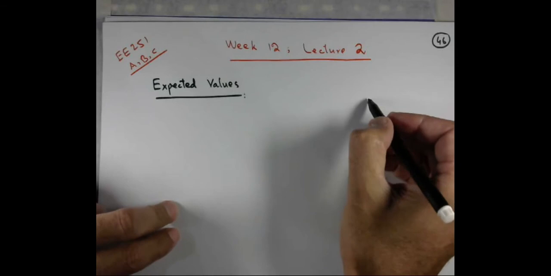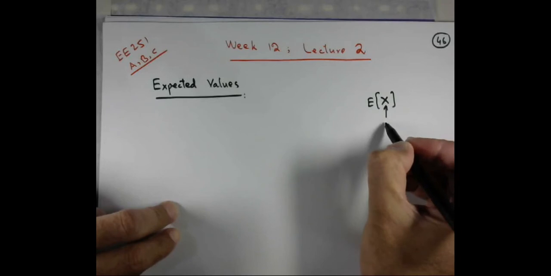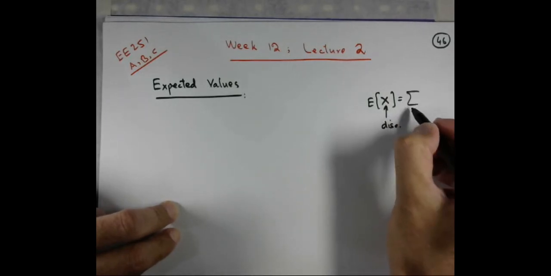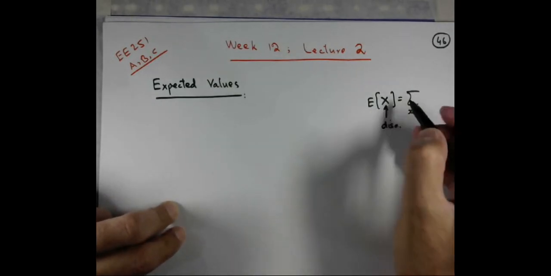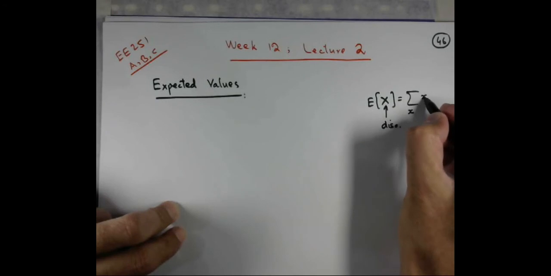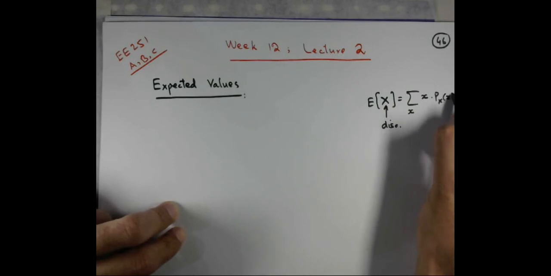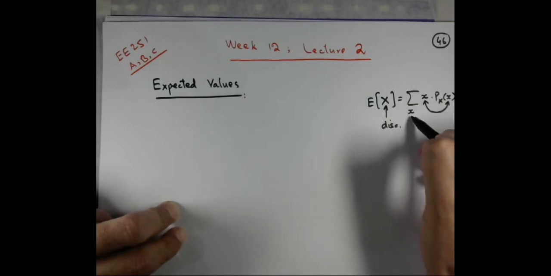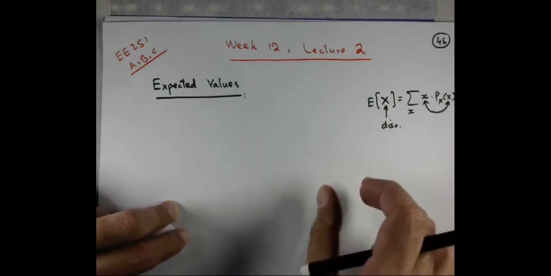If you recall, the expected value for any random variable x, if x was a discrete random variable, we used to write it as the summation on all the possible values of this random variable x, the value of that random variable times the probability of the same value. Then you multiply it, you get one product, then you take another value of x, you multiply it with the probability of that value of x, and similarly you sum up all those products.